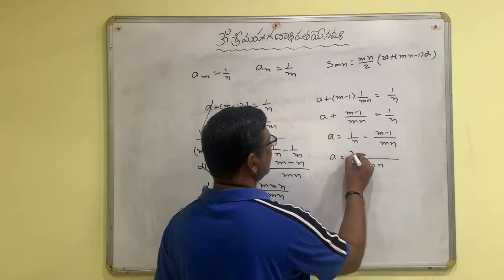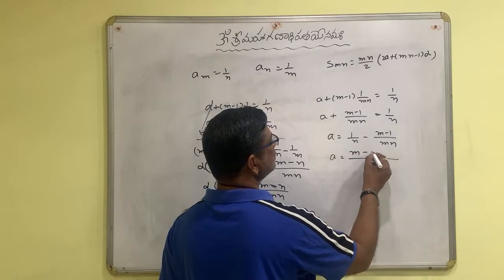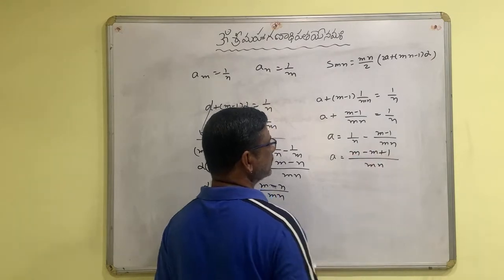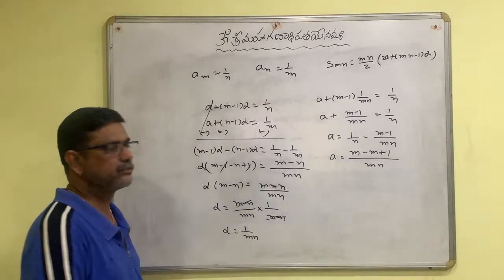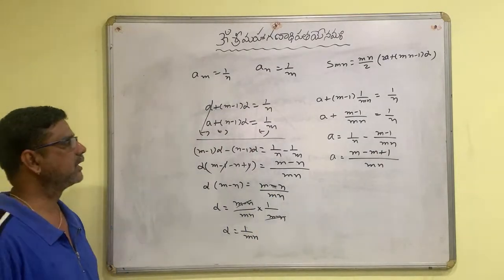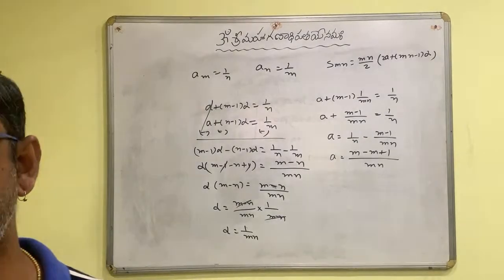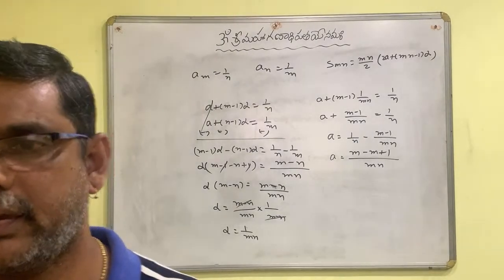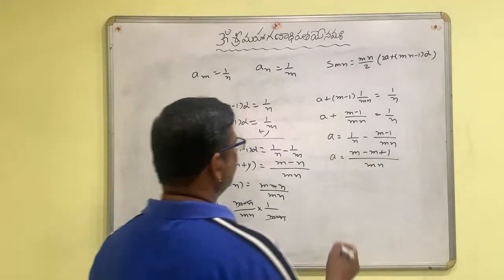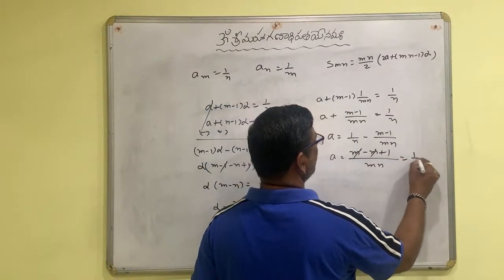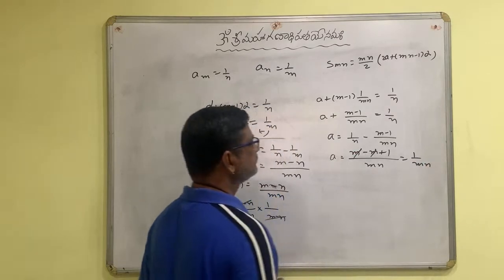So what you will get here? m minus m plus 1. If you simplify this, you will get that. So a is also 1 by mn. m's get cancelled. 1 by mn.